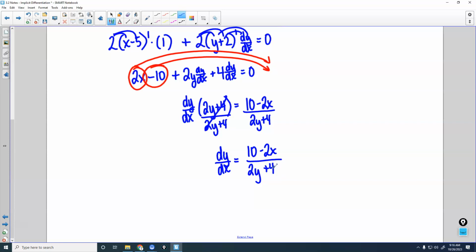So, I could take a 2 out of the top and bottom. So that'd be 2 times (5 minus x) over 2 times (y plus 2). And the 2's would cancel. And now I would have 5 minus x over y plus 2.